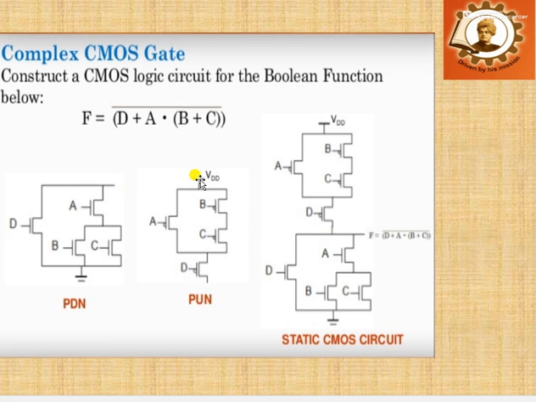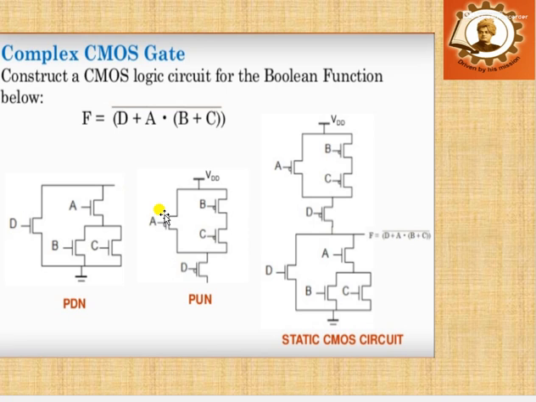Then this pull down network will be converted to a pull up network just by reversing it. Just convert your parallel connection to series connection and series connection to parallel connection and change NMOS to PMOS.